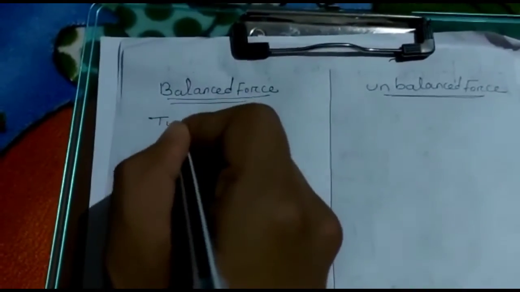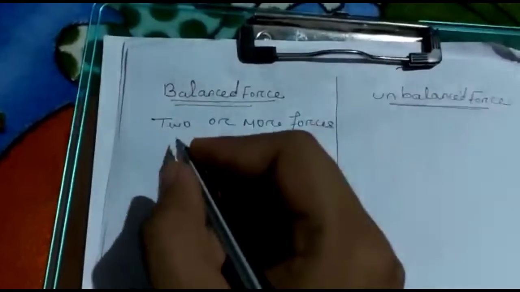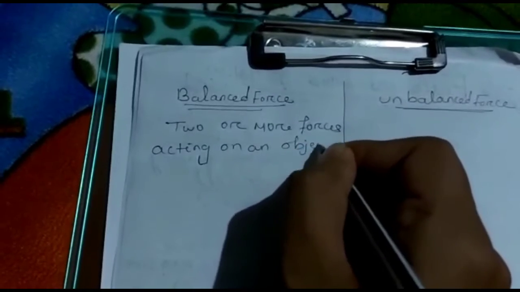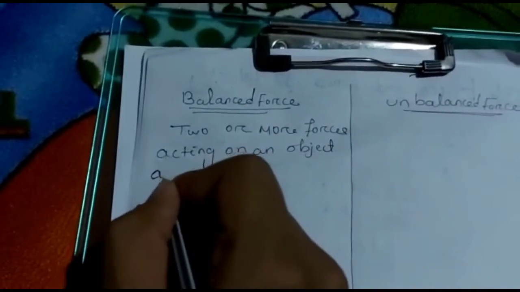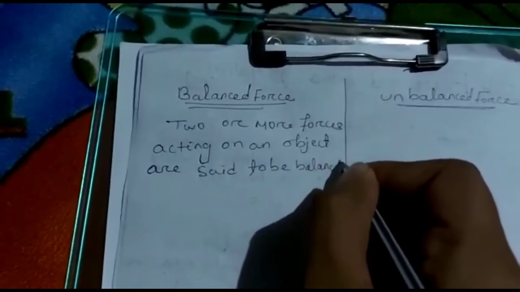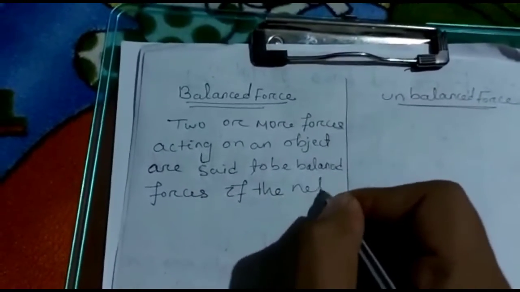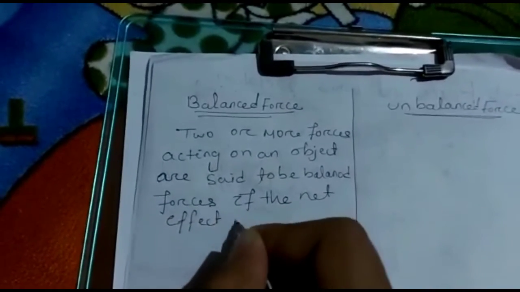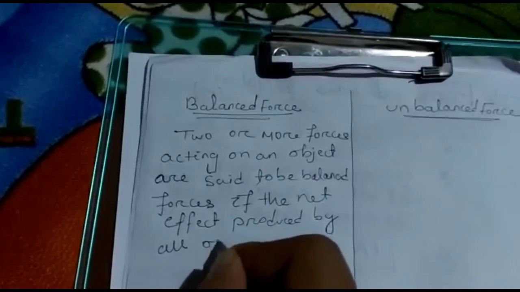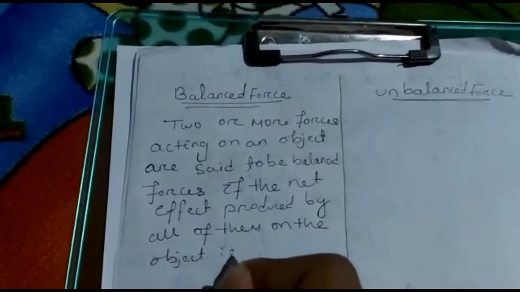You just see, if two or more forces acting on an object are said to be balanced forces if the net effect produced by all of them on the object is zero.